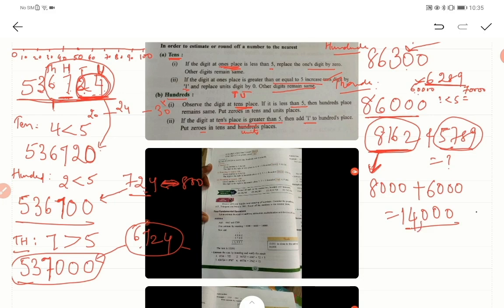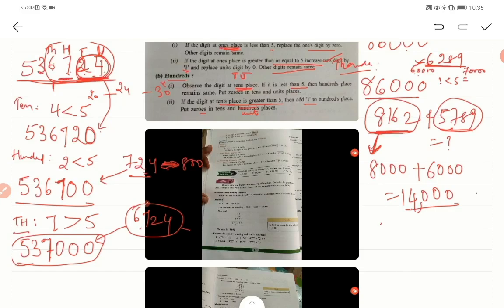Now if you go for the normal addition, 8162 plus 5789, adding all the numbers, 9, 10, 11, this is 8, 9, 10, 15, 7, 8, 9. What about 8 plus 5? 9, 10, 11, 12, 13, 13, right?